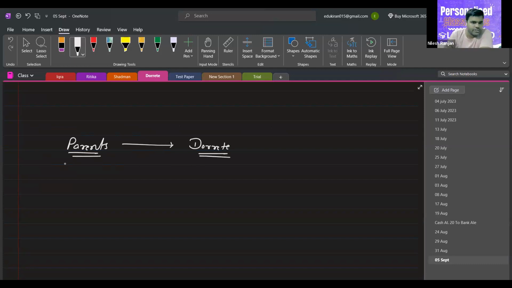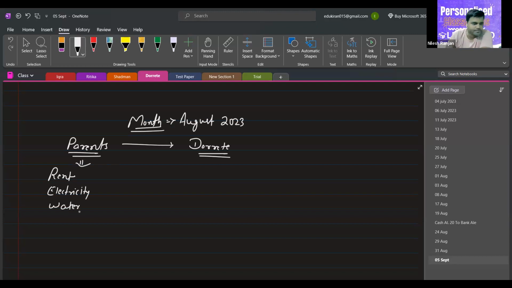Now, generally during a month, August, okay, so during this month, there are many expenses like let's say house rent, electricity expenses, water bill, and the grocery. That's it. Let's take this only.